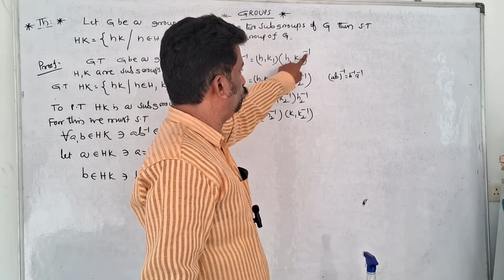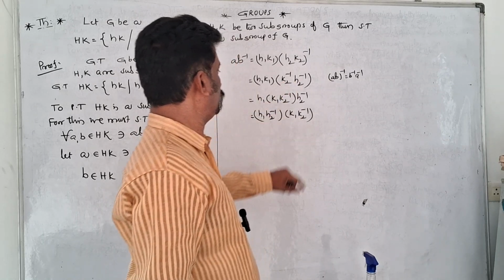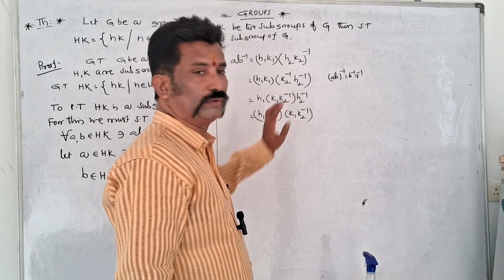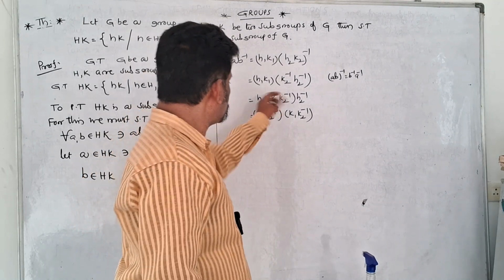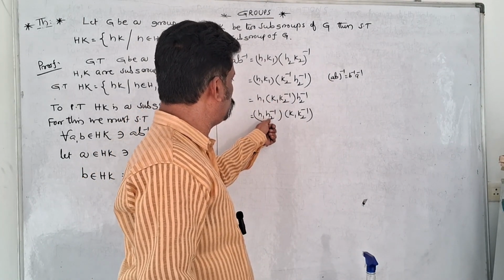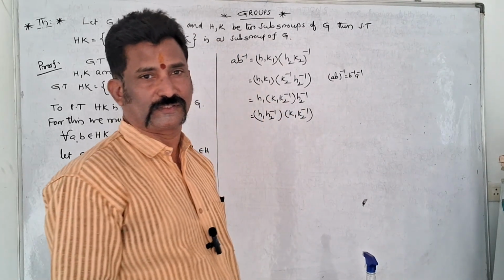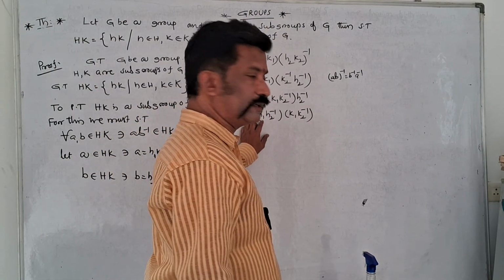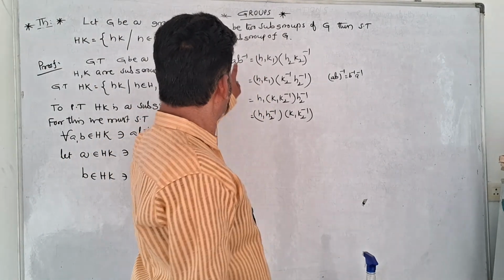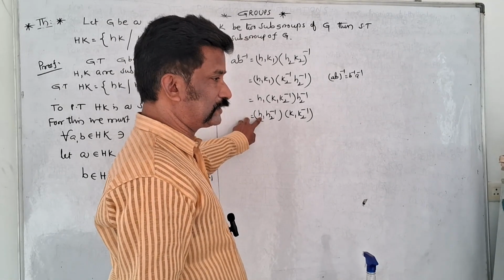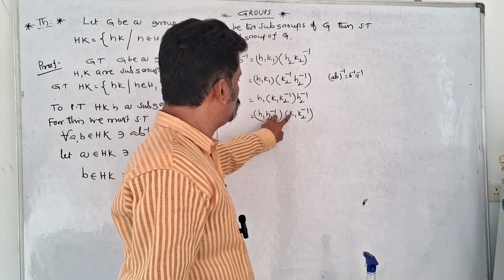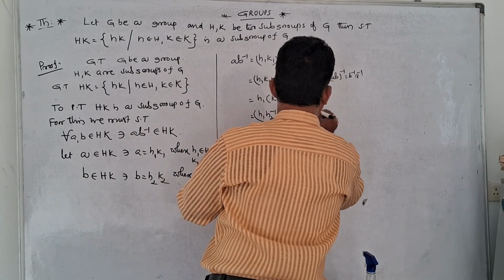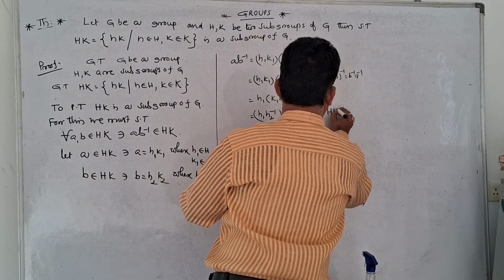Now h1 into k1 into k2 inverse into h2 inverse. So this can be written as h1 into h2 inverse into k1 into k2 inverse. Don't consider this value directly, we can write it like this. So ab inverse is equal to h1 into h2 inverse, k1 into k2 inverse. Now this implies it belongs to HK.